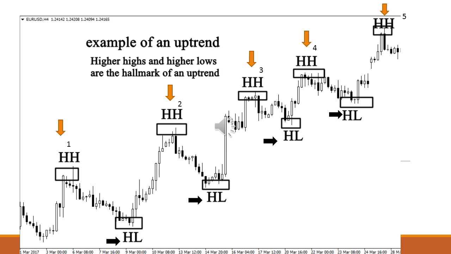There's a bullish harami that formed here. If you have a better understanding of price action, you will know that this is an entry point where you can enter the market.